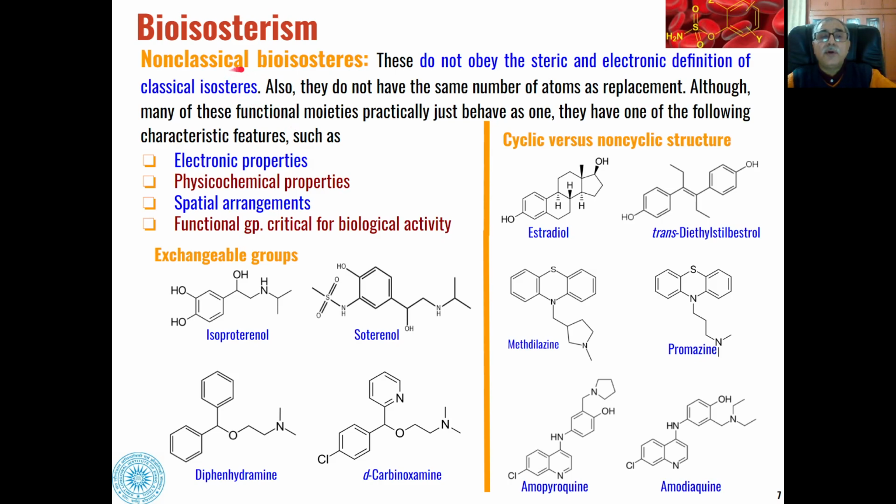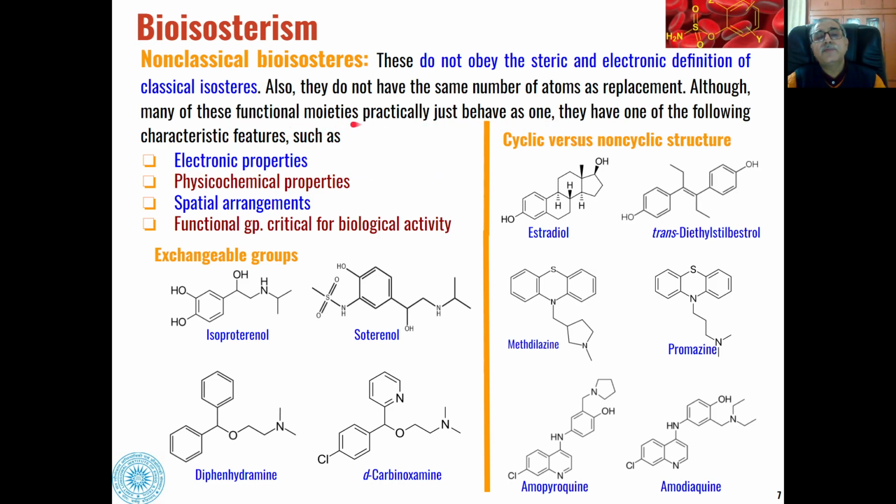Then non-classical bioisosteres are different from classical bioisosteres as they do not obey the steric and electronic definition of classical isosteres. And also they don't have the same number of atoms as replacement. So we cannot say that their structure is similar in both the isosteres.